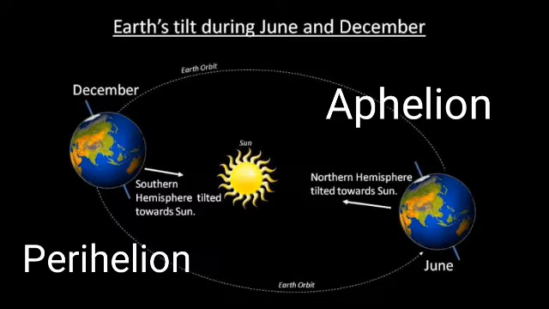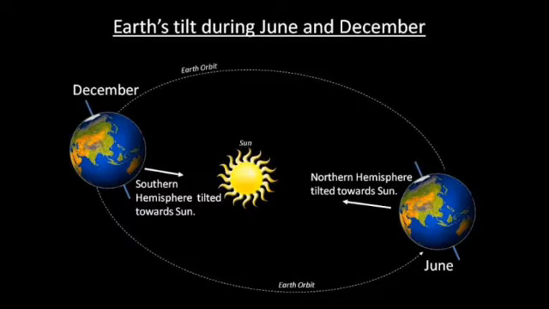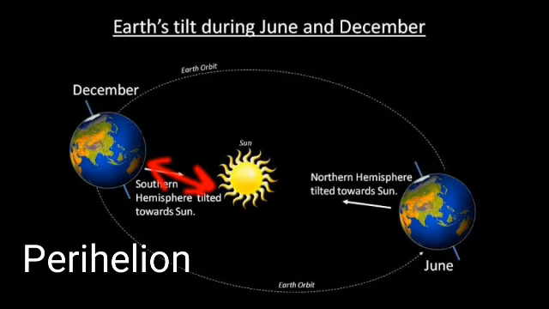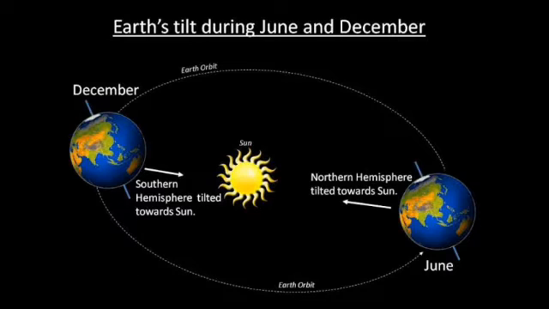On this side you can see the distance between the earth and the sun is less. This position in the orbit of the earth, where the distance from the sun is least, is called the perihelion position. It means the earth is very close to the sun at this point.